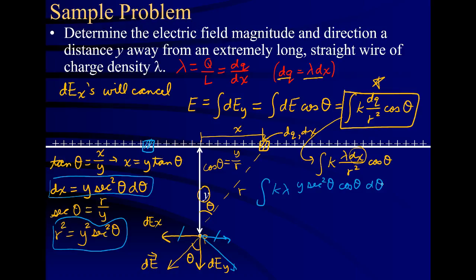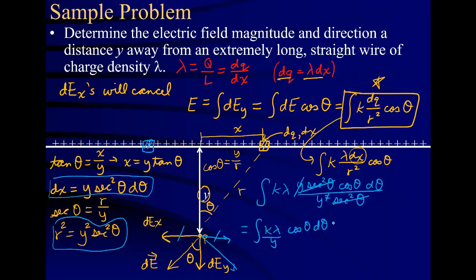We'll just switch that order. And r squared is going to be y squared secant squared theta. That's beautiful because we get rid of a y and we get rid of secant squared. So now what we're left with is the integral of k lambda over y of cosine theta d theta.